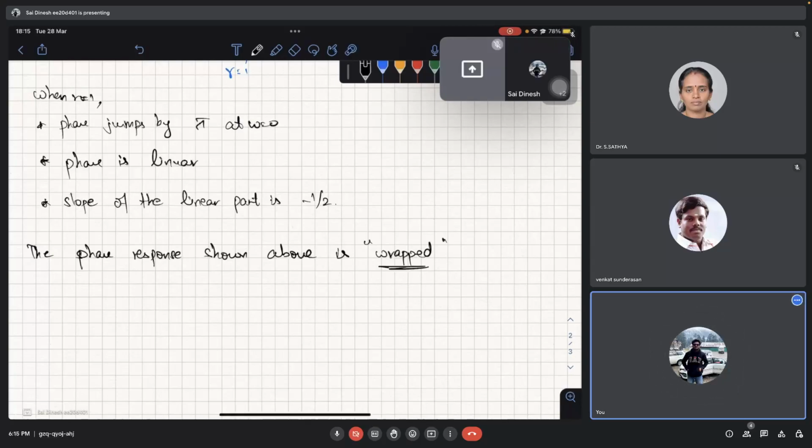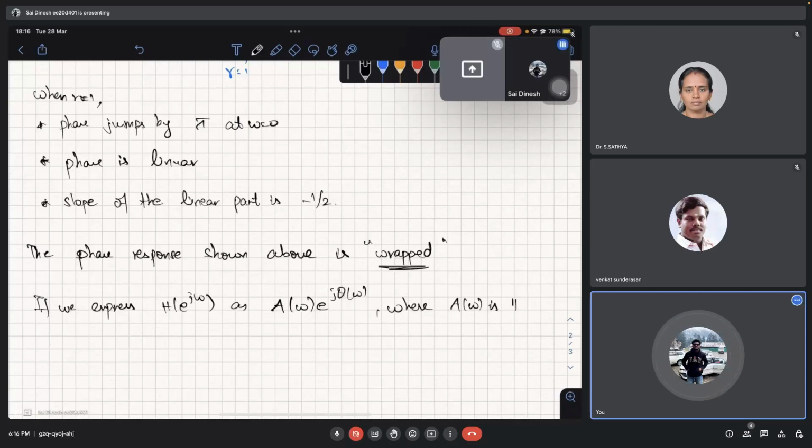Now, if we express H(e^jω) as A(ω) e^jθ(ω), where A(ω) belongs to the real field, that is, it is real valued, meaning it can take both positive and negative values.